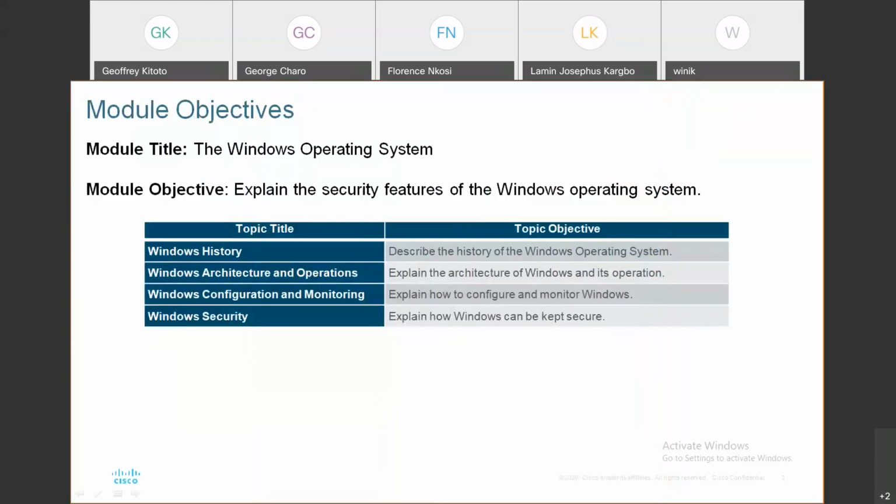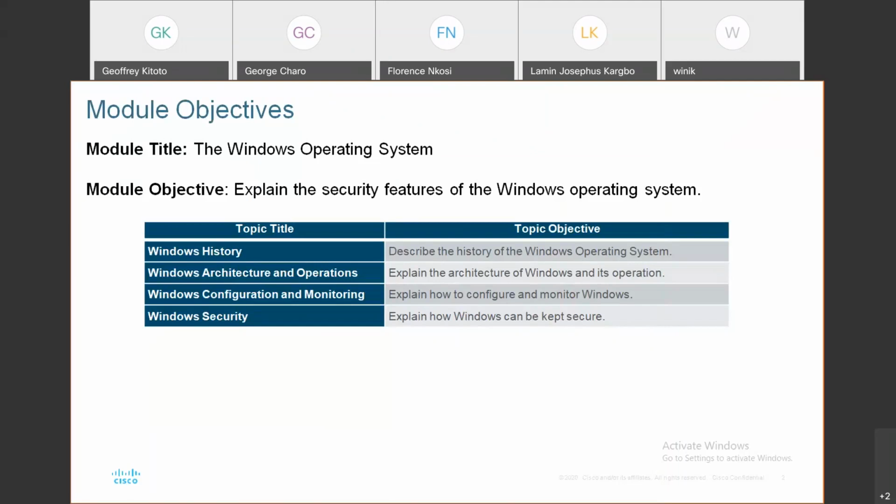So the main objective of this chapter: upon completion, the trainee should be able to explain the security features of the Windows operating system. So which are these security features? Okay, that is a brief Windows history.